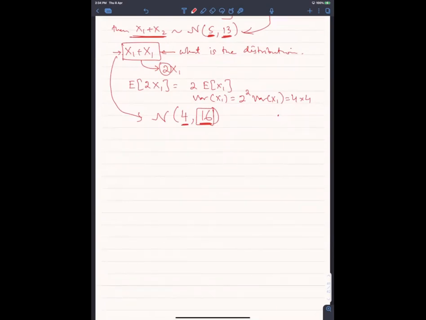Now I have one more distribution. It's called the chi-square distribution. This is called a chi-square distribution with n degrees of freedom. It has two parameters, in fact only one parameter n, but there is another hidden parameter.